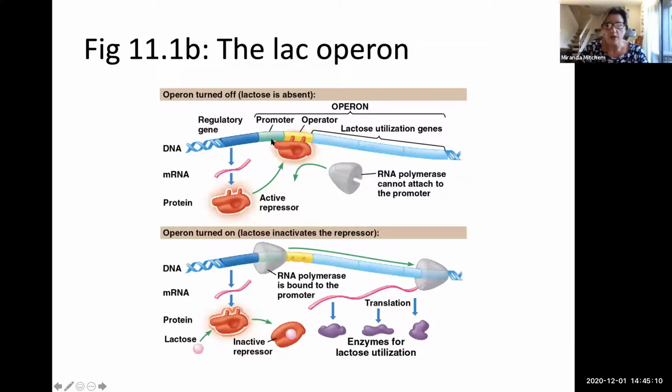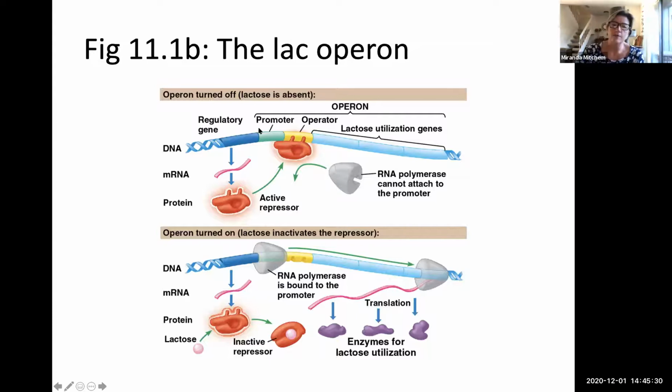RNA polymerase, the polymerase binds to the promoter region. We learned about that in our last module. So again, I'll say it again, the RNA polymerase binds to the promoter region, which is part of the DNA that is within the operon.